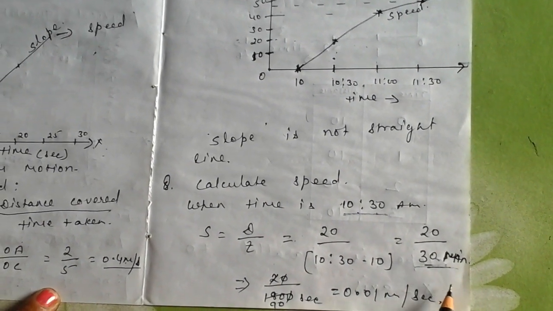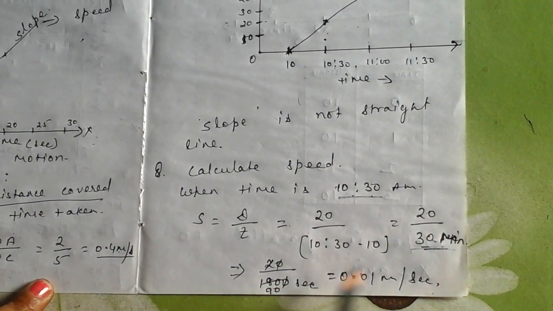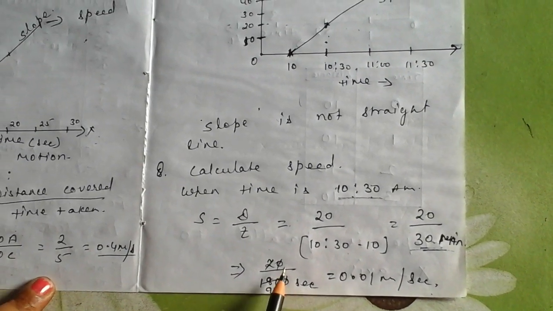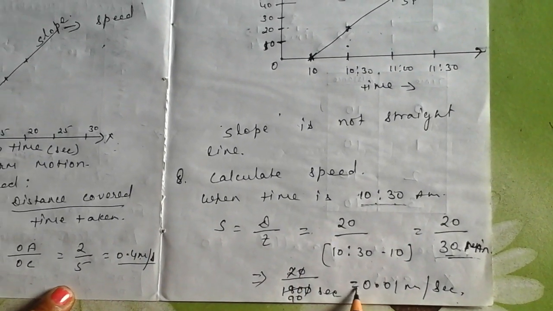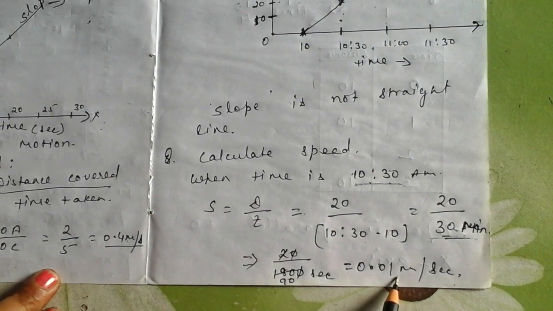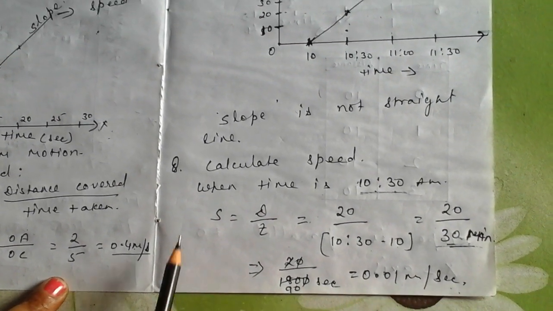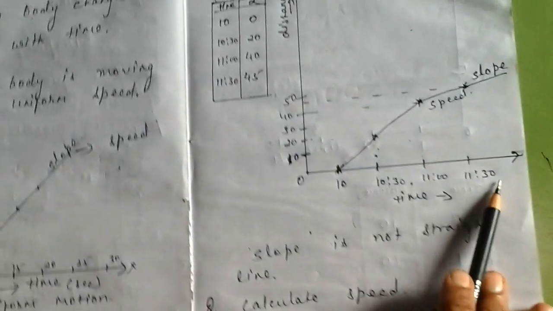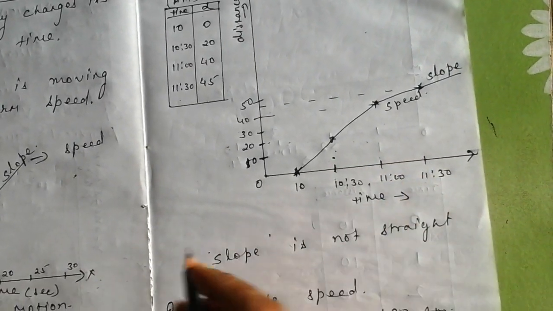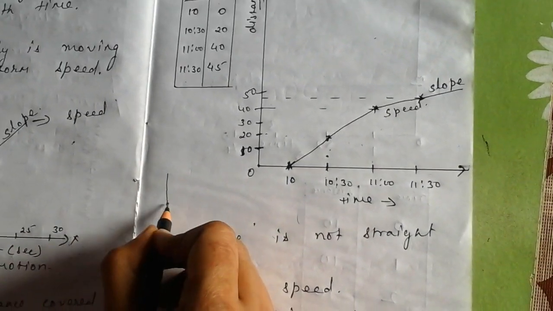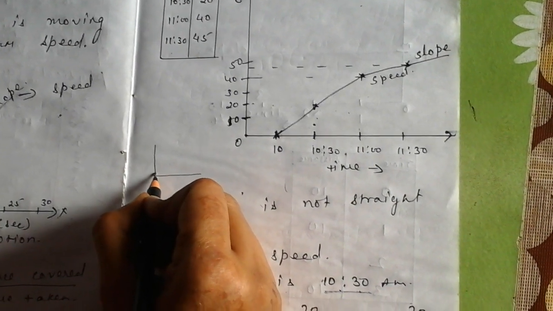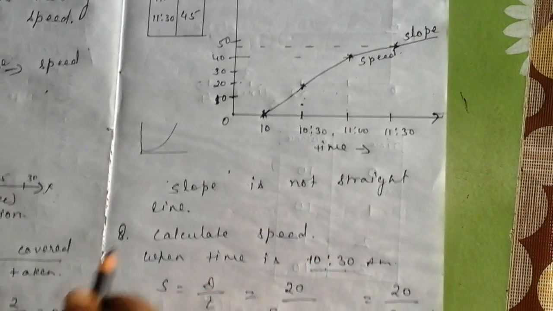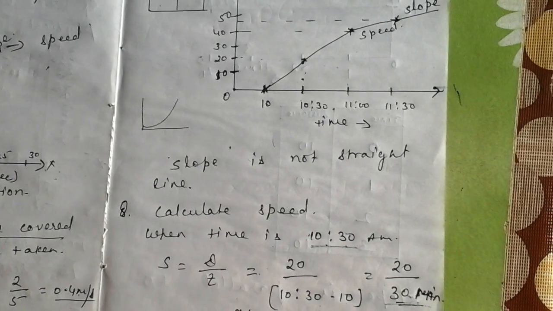So change it into seconds. We have 20 by 1800 seconds, that is 1 by 90, which is equal to 0.01 meter per second. So like this we calculate the speed for non-uniform motion. For non-uniform motion you can get a graph like this also, any type of graph, but it is not a straight line.